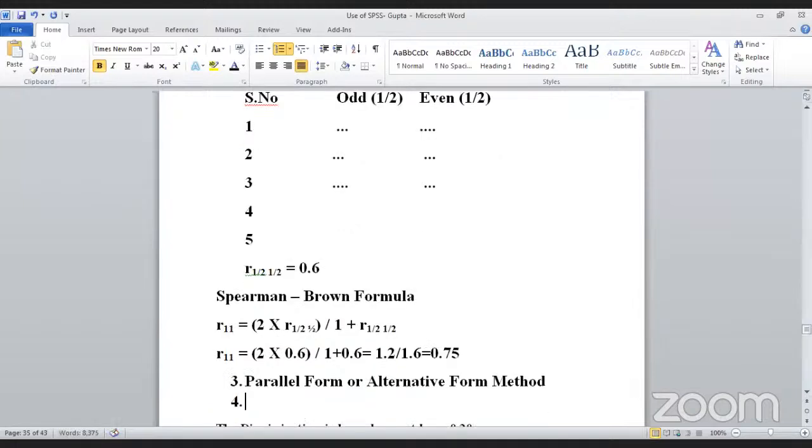Now, if you want to establish the reliability using this particular method, then my dear friend, you must know it beforehand. I told you when I was talking about the item analysis on the basis of the group tryout, that there are some methods where you need the two tools having the same number of the items. And if they are the test, the same difficulty level, the same discrimination index, then they will be parallel.